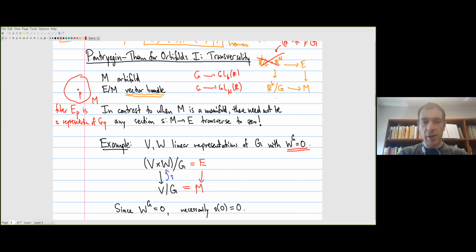The reason it has to be an invariant vector is just because 0 is a fixed point of the action of G on V. And to give a section S, it's equivalent to give just a G-equivariant section of the situation before the quotient.